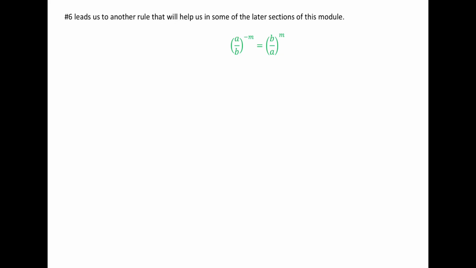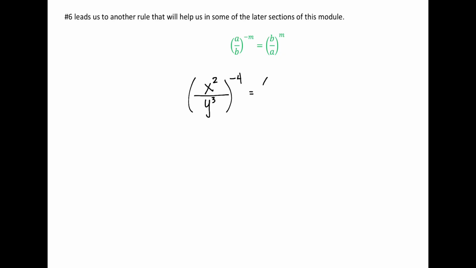Okay, so a over b, now it's b over a. It was a negative exponent, now it's a positive exponent. That's the trick. And there are no examples of this one, so let me do one for you. Okay, so we have a fraction inside the parentheses, and then the entire fraction is raised to a negative exponent.